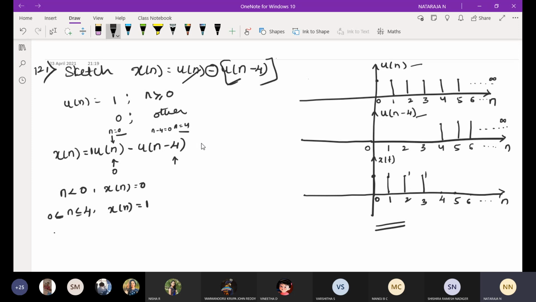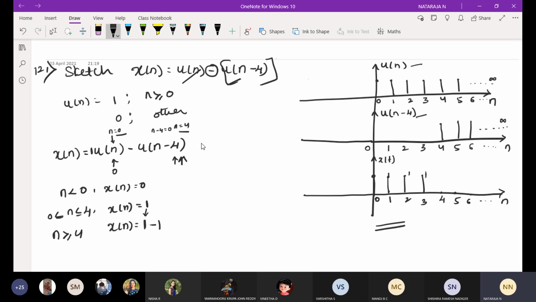Next, I am going to take n greater than or equal to 4. x of n is equal to, I am going to take greater than 4. What is my previous output? My previous output is 1. Okay, this 1 will be coming over here. Then now I am going to consider n is greater than 4. After this 4, what is the amplitude of this?